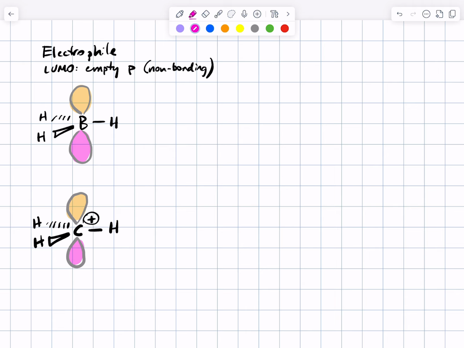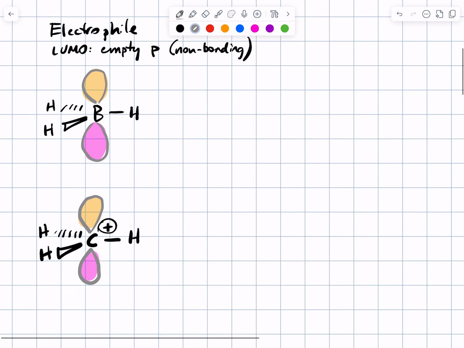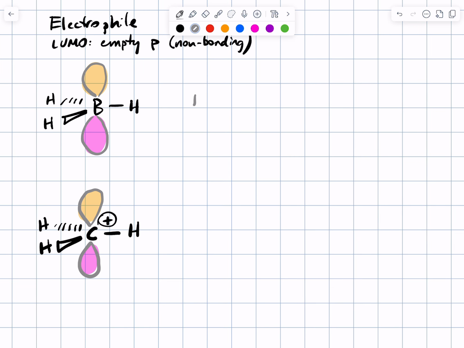Sorry, how do we know that boron and carbon in that case are going to have hybridized orbitals? You know that boron and carbon are sp2 hybridized from geometry. You recognize that they're each surrounded by only 3 things based on what I told you.